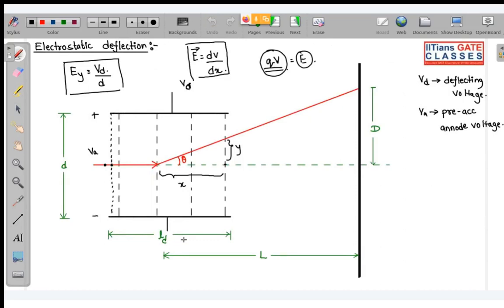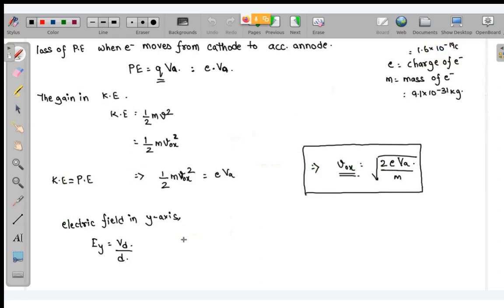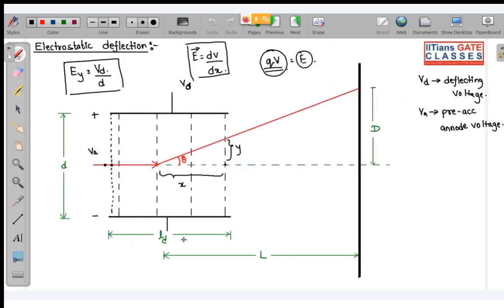Now, let me ask you, is there any acceleration or change in velocity in the y-axis? Basically, change in velocity is acceleration only. So, is there any acceleration in the y-axis? Obviously, you are changing the direction.